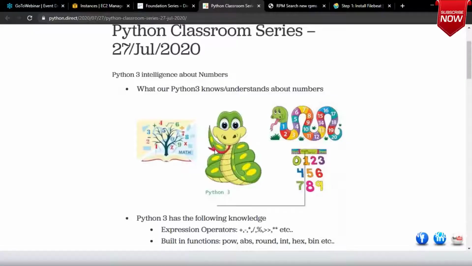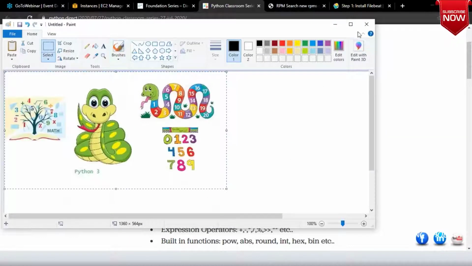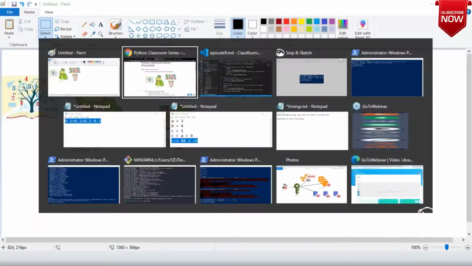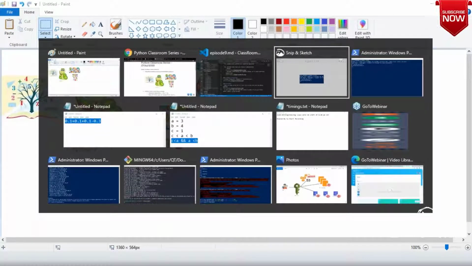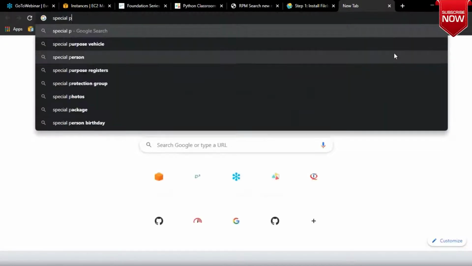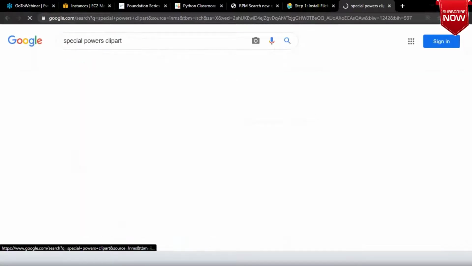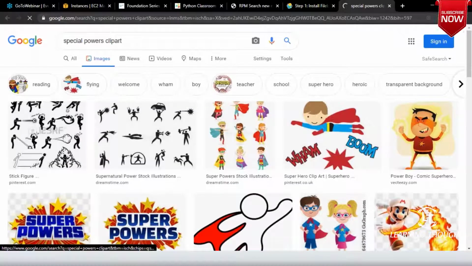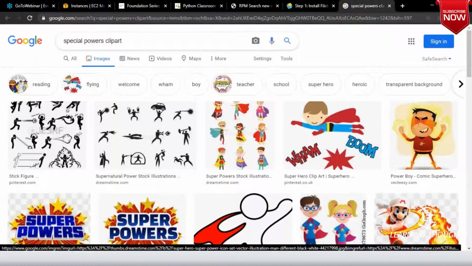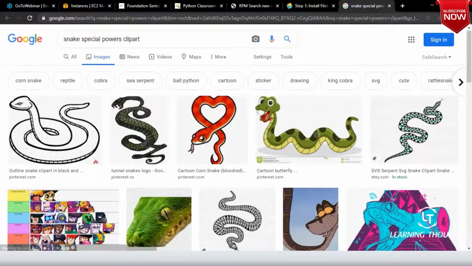Let me go to this character again. Let me copy this image. Where is this? Special powers, clip art. Let me put this one. Why should I?